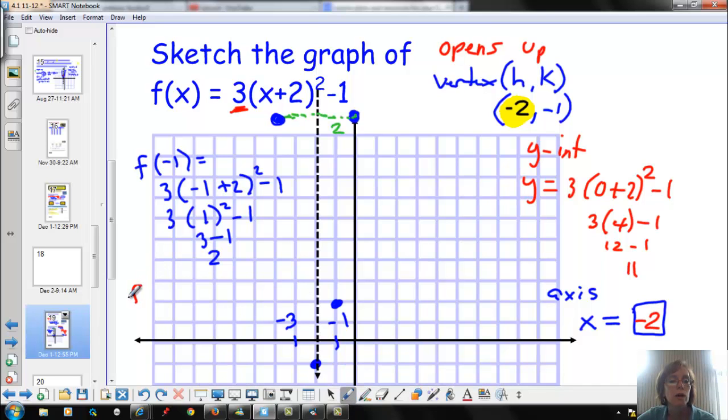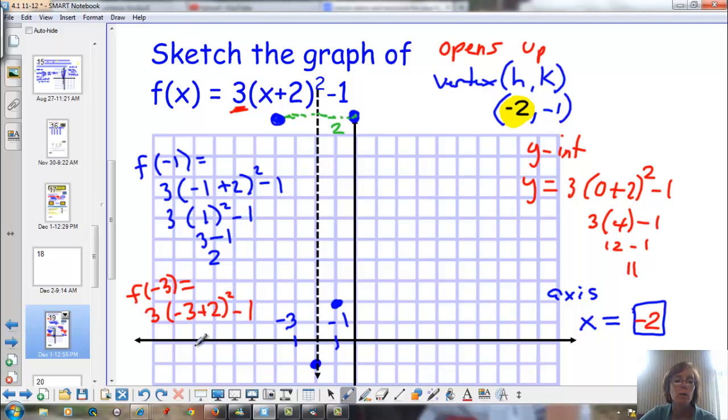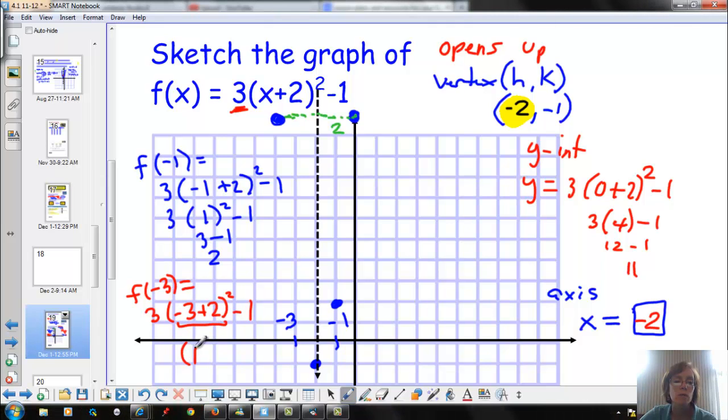So if I try to find f of -3, we get 3 times -3 plus 2 quantity squared minus 1. And so if we're evaluating that, that's a -1 in here, but squared is going to give us a +1. We're going to multiply that by 3 and subtract 1. So that's 3 minus 1 is 2.